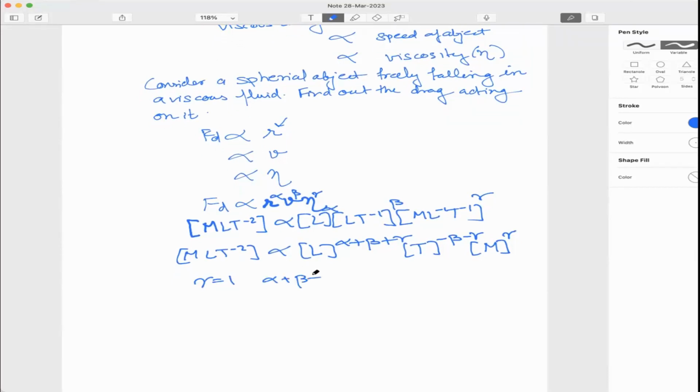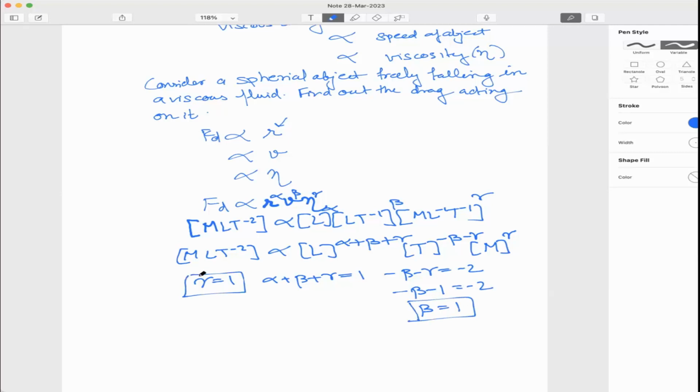Alpha plus beta minus gamma comes out to be 1. And minus beta minus gamma is minus 2. So putting gamma here, minus beta minus 1 is equal to minus 2, so beta is 1.